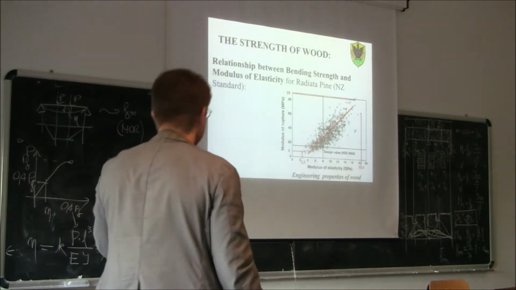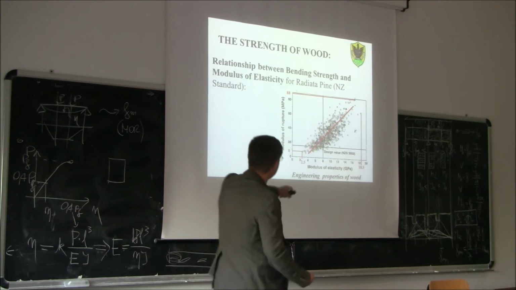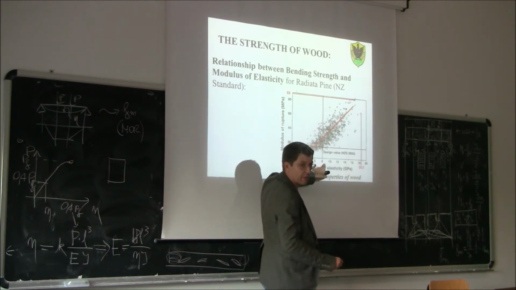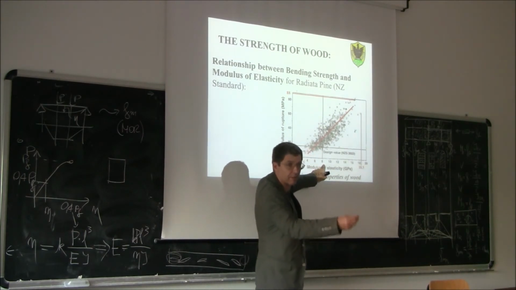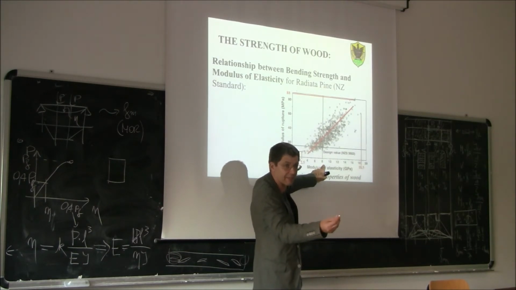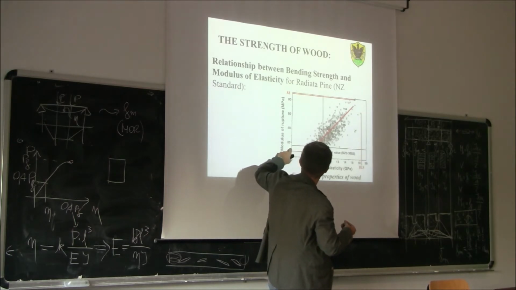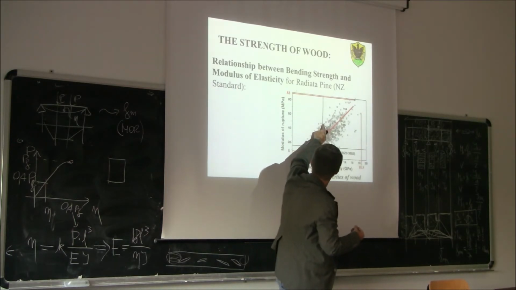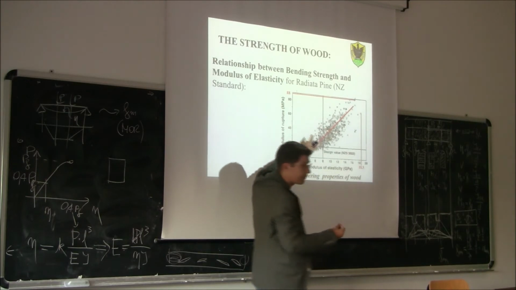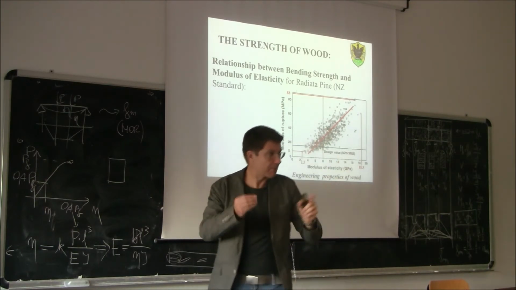Of course, there is a scatter, because, for example, take the value of 8. If I measure a value of 8 gigapascal in my test, I can go from a value of modulus of rupture from, let's say, 12 till 50. So still a large variability.